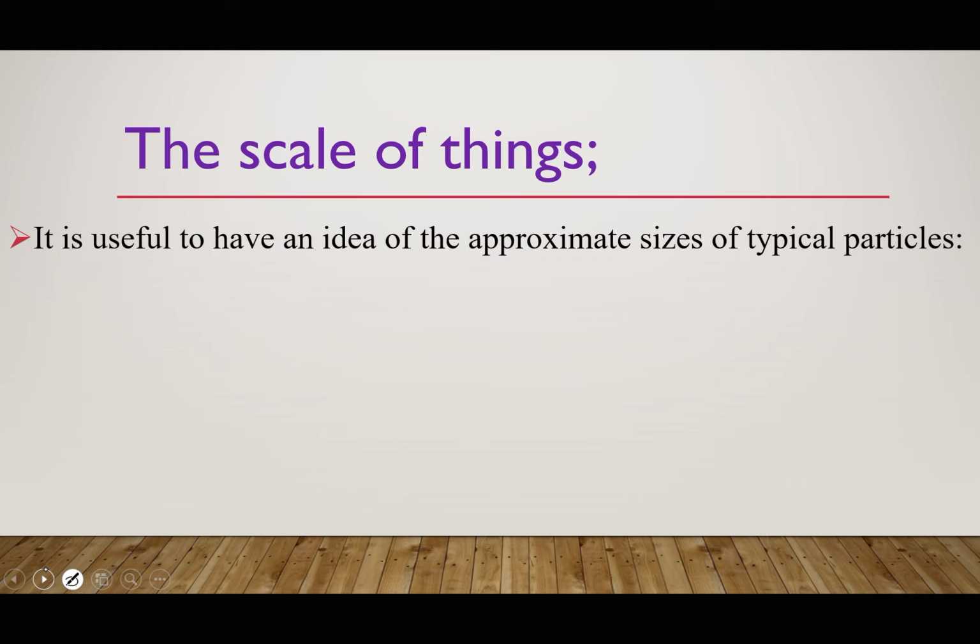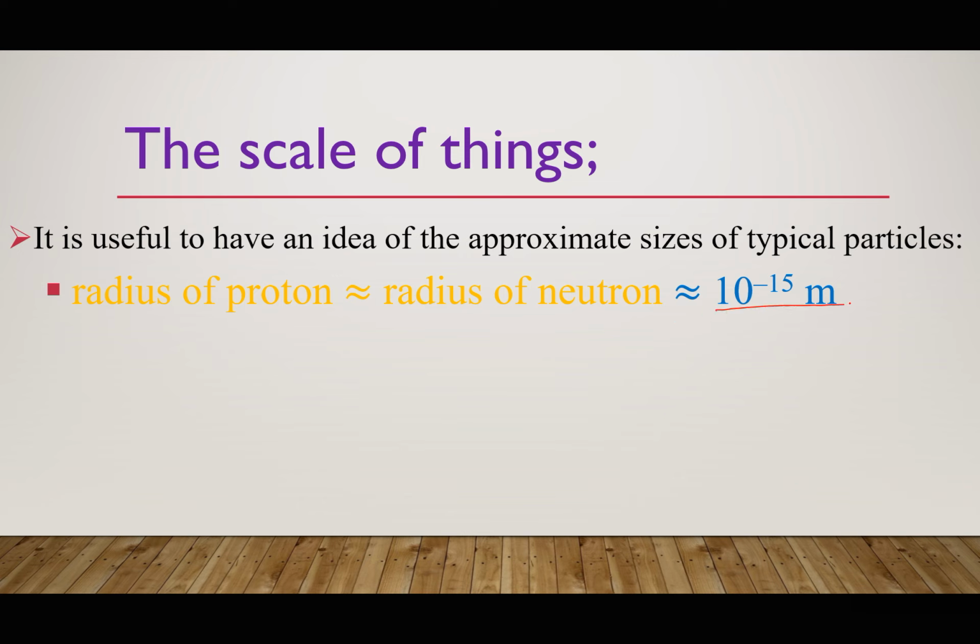So the radius of a proton is approximately the same as the radius of a neutron, approximately 10 to the power of minus 15 meters. Talking about radius is equivalent to talking about diameter, because diameter is just radius times 2, so the power of 10 is approximately the same.